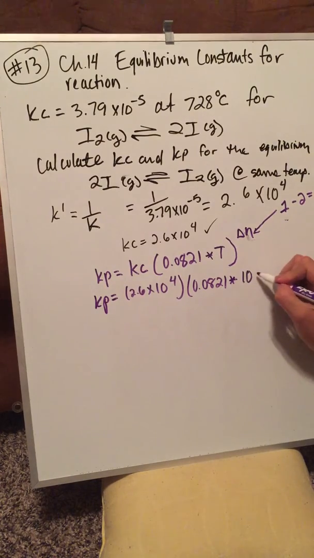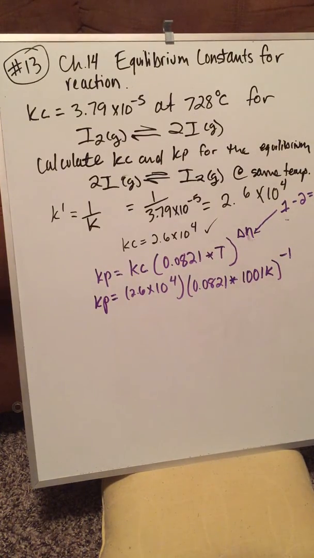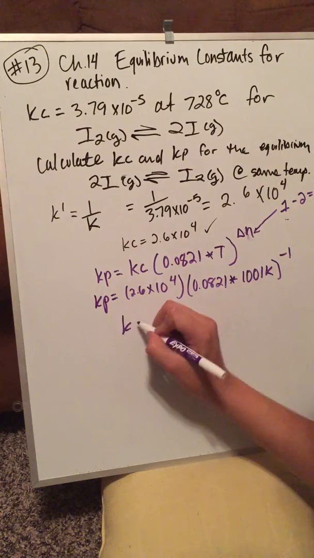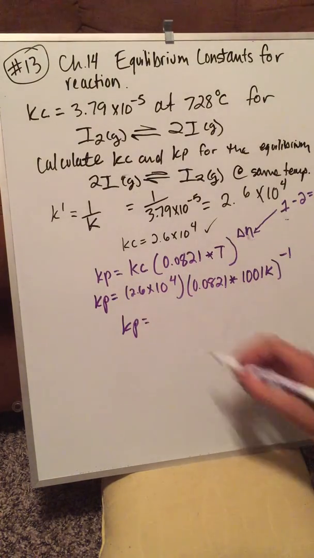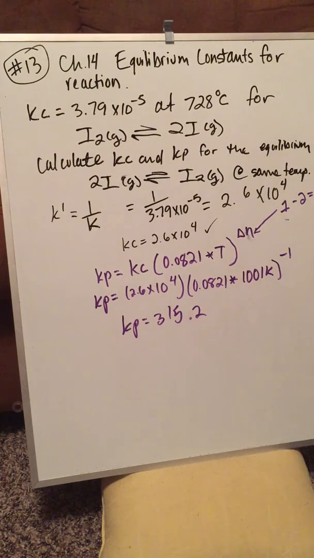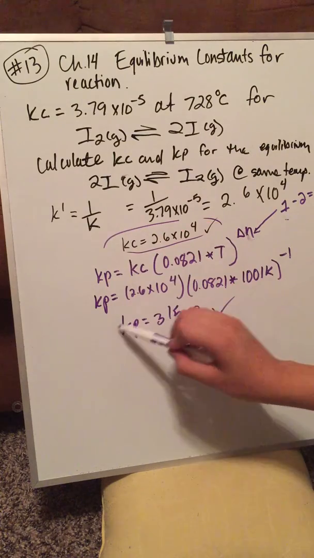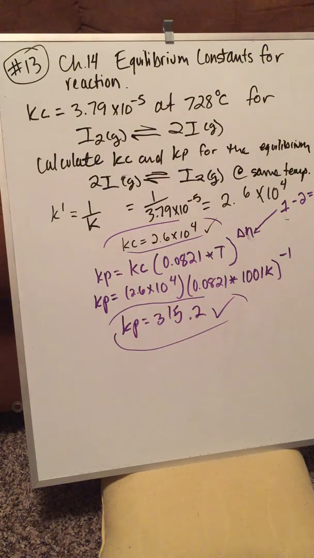So times 1001 Kelvin raised to the -1. Putting that in our calculator, we get that our Kp equals 315.2. So there we have our 2 answers.